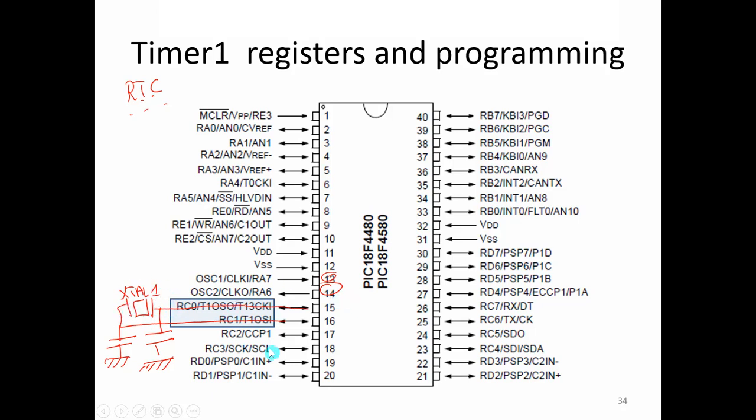One of the advantages of using timer 1, for example, if your application is a real-time clock and you want to generate an alarm: while your PIC microcontroller is waiting for the alarm, you can put the whole PIC microcontroller in sleep mode, so only timer 1 and oscillator 1 are working.